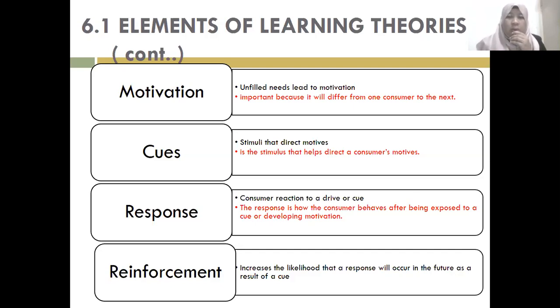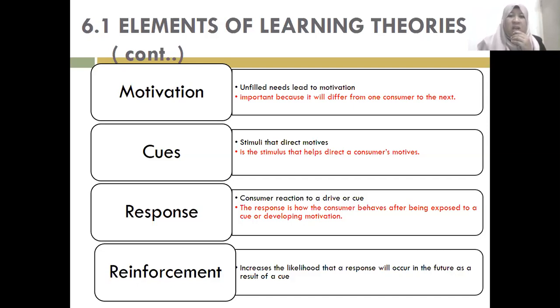So when we're talking about cues here, it helps direct the consumer's motive. If you're thirsty, you find a vending machine, or a shop selling packaged drinks, for example, you go to 7-Eleven. Alright, then the response is the consumer's reaction to the drive or cue.